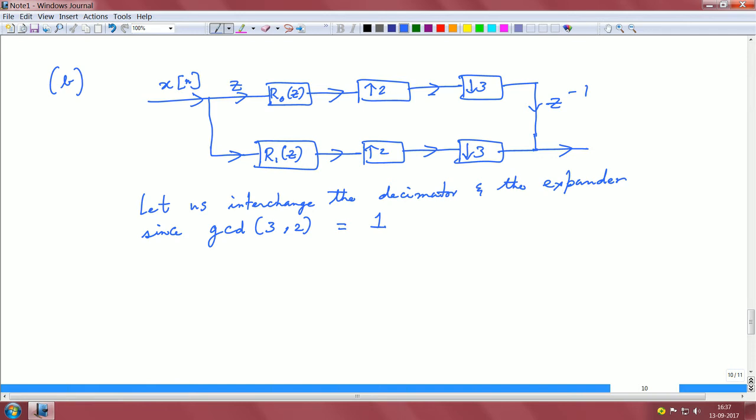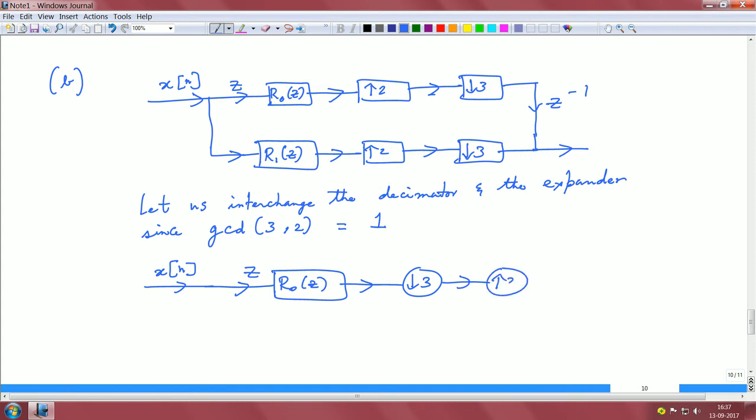Okay, we do that, and what we get is x of n. The rest is all the same. We are downsampling by 3, upsampling by 2. We have a delay element, R1 of z, upsample by 2.